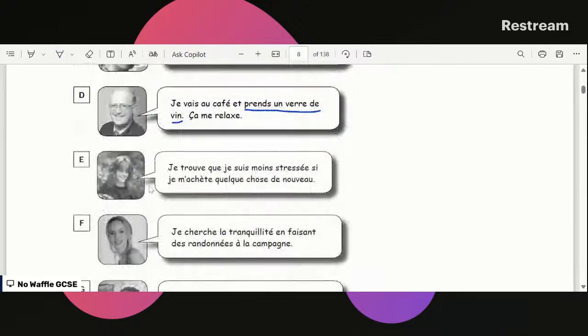Je trouve que je suis moins stressée si je m'achète quelque chose de nouveau. So I find that I'm less stressed if I buy myself something new. So m'acheter, the use of the me here is to suggest that she's doing it to herself. She's buying something to herself.